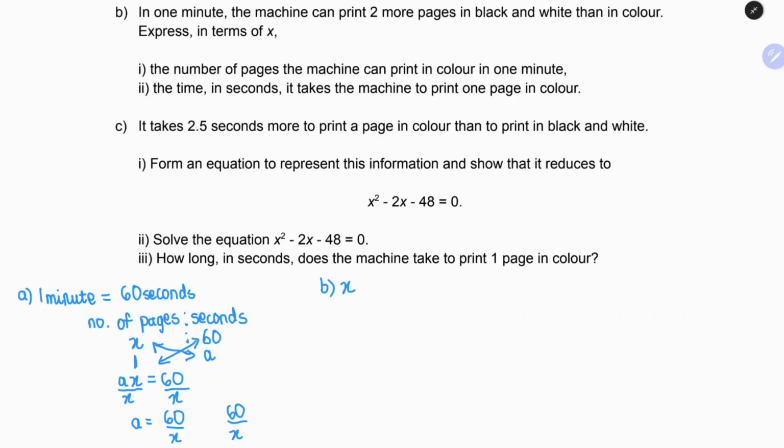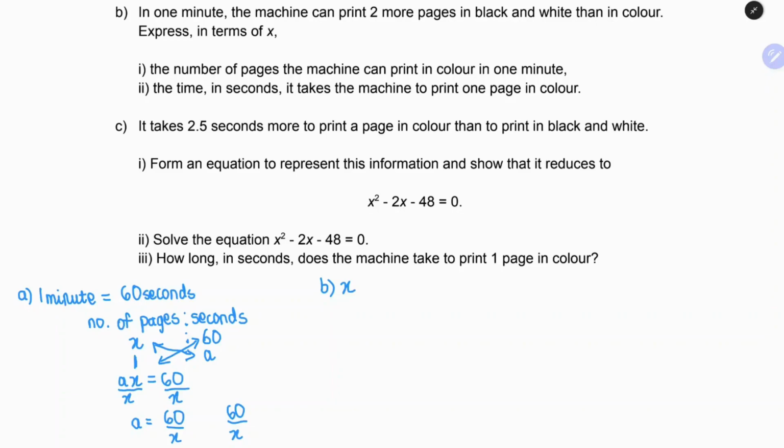So if the time is 60 seconds, the black and white can print X pages, and the black and white can print 2 more additional pages than the one in color, that means that the one in color prints fewer pages.